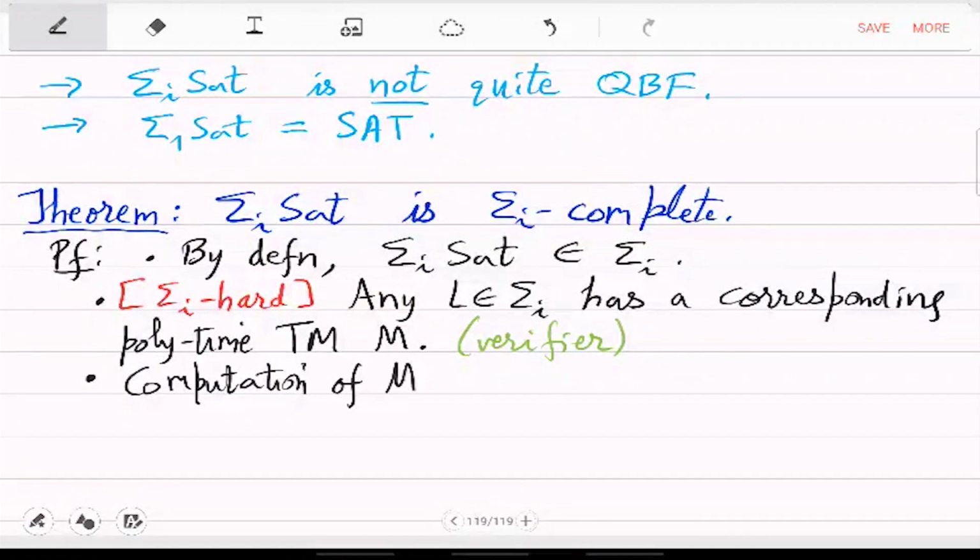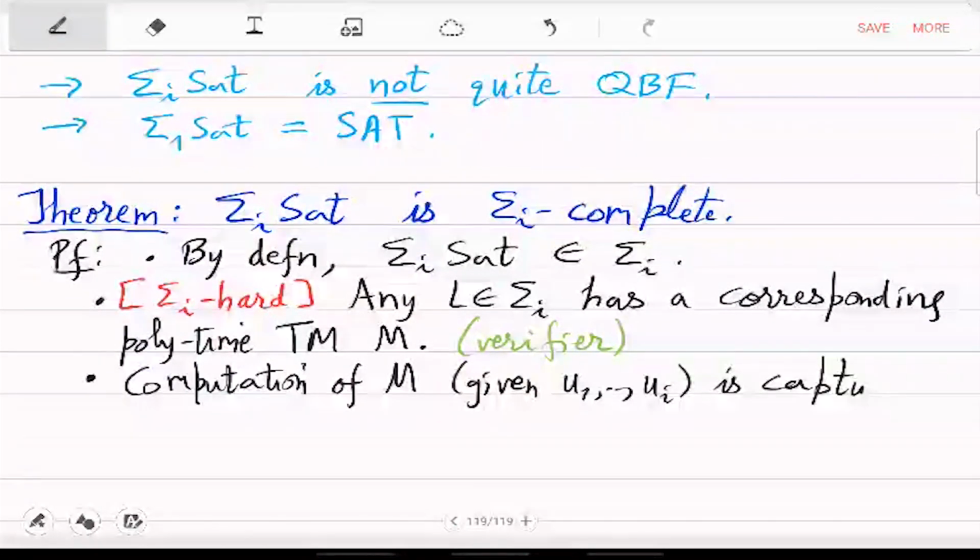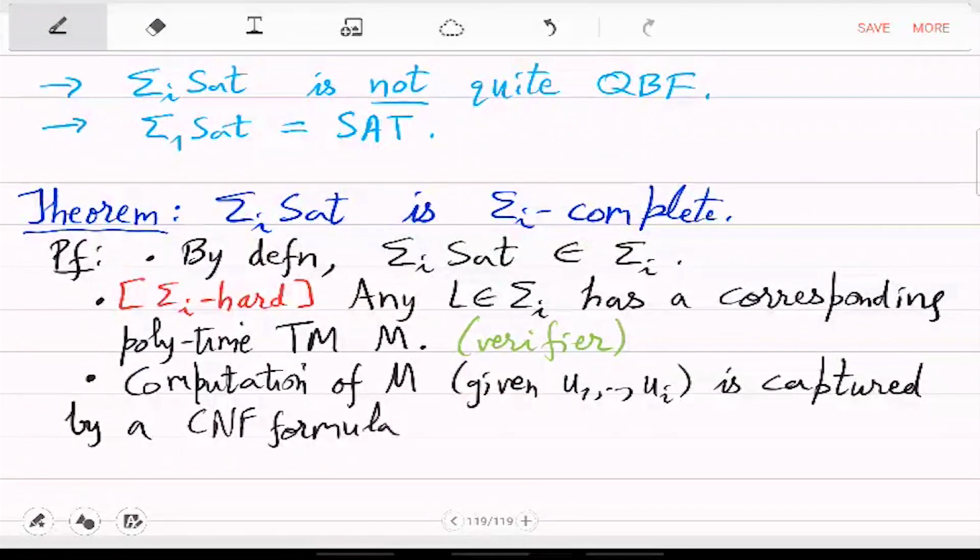So the computation of M given U1 to UI is captured by a CNF formula, where CNF formula phi comes from the Cook-Levin reduction.